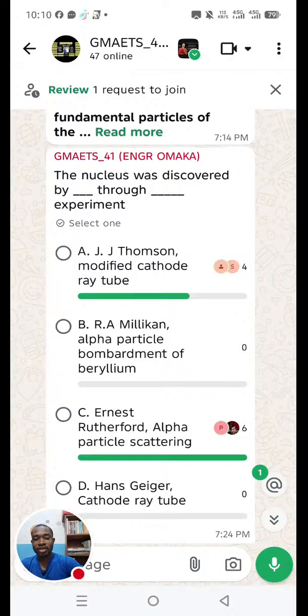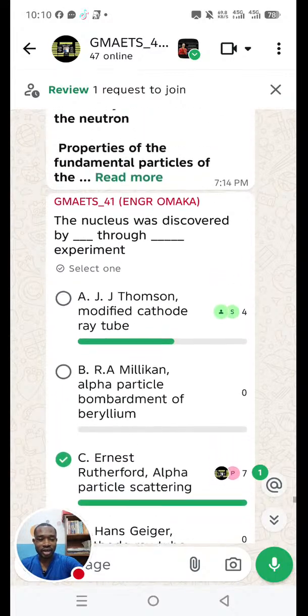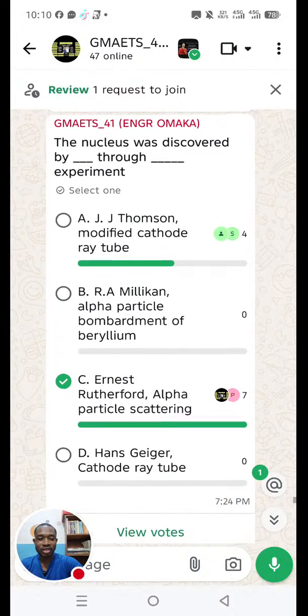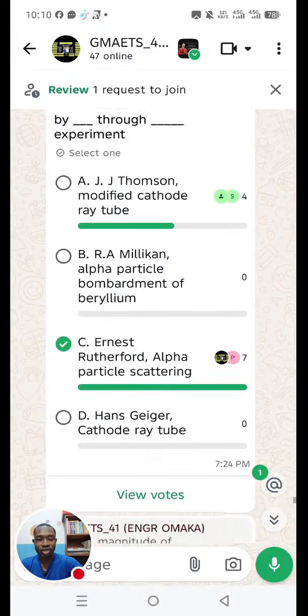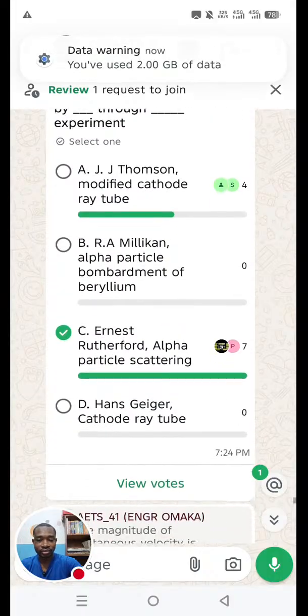The nucleus was discovered by Ernest Rutherford by the alpha particle scattering experiment. So the correct option is C, and I'm going to click on the option. You would see about 6 persons got the answer correctly. Those who went for A, J.J. Thomson, modified cathode ray tube, thank you for attempting, but that is incorrect.